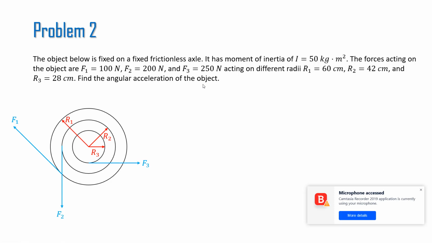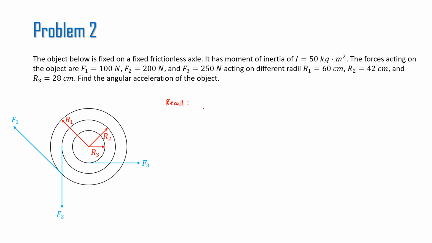Now you have to take note that since the axle is fixed, we only need to consider the torque. Once we obtain the torque, we will be able to get the angular acceleration. Recall that we have this equation: the summation of torques is equal to I alpha, which is analogous to Newton's second law of motion.